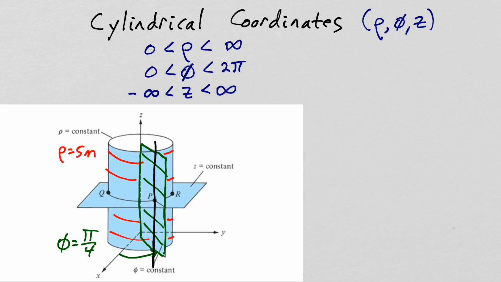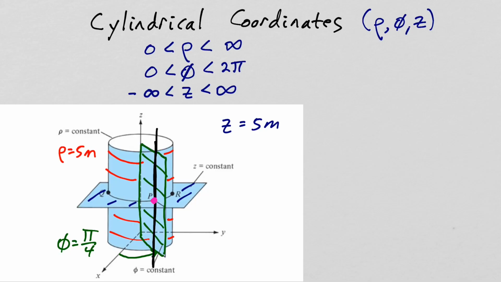The z-coordinate is the same as the z-coordinate in Cartesian coordinates, so if I say z is equal to 5 meters, it would define this infinite plane here. And that infinite plane intersects our line formed from the rho and phi surfaces at one point. So the point P is the intersection of a cylinder, an infinite half plane, and an infinite plane. So that is how you should think of defining a point in cylindrical coordinates.